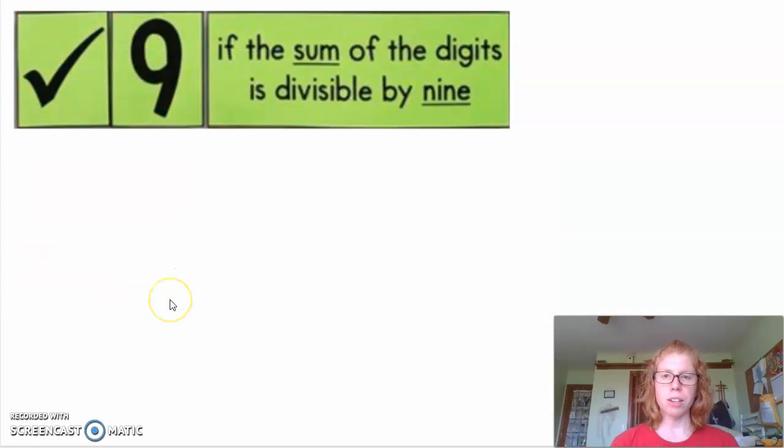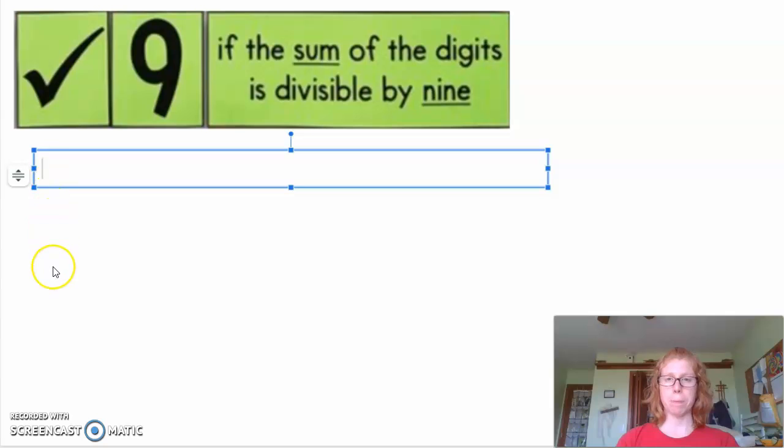The last strategy of this video clip is the number 9. A number can be divided by 9 if the sum of the digits is divisible by 9. This is also kind of a fun one. Okay, so I'm going to pick 54.